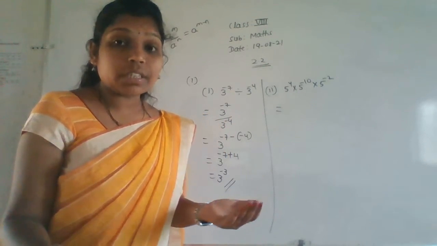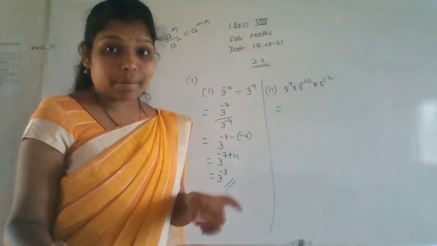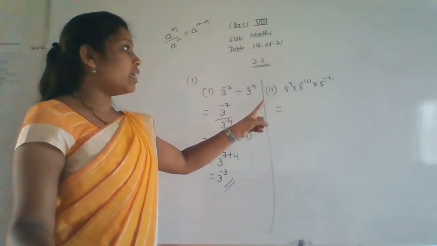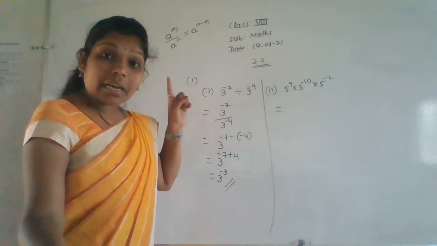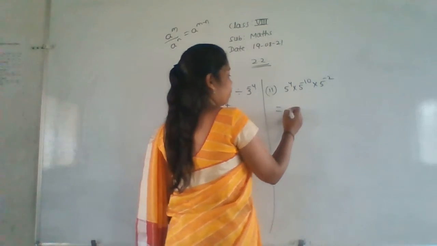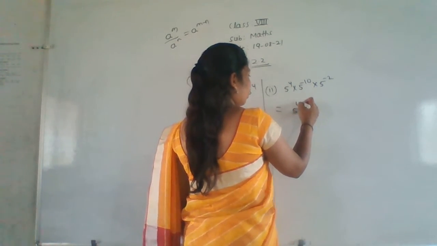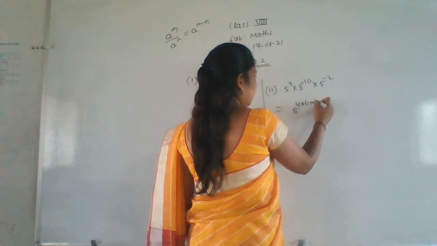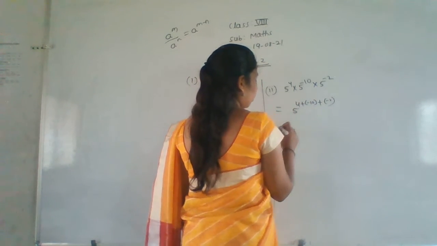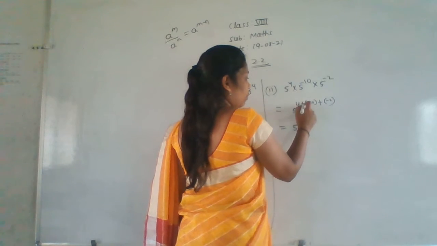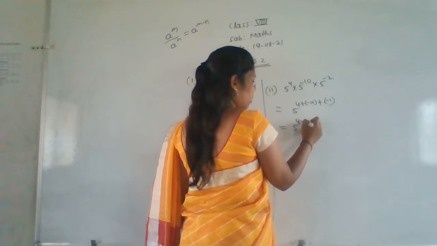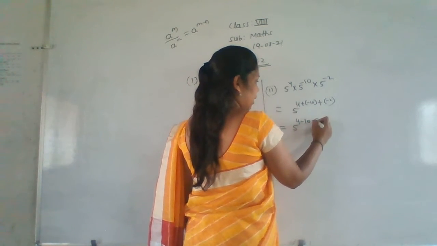If there is a division, we need to subtract the powers. Here multiplication is given, so we need to add the powers: 4 plus of minus 10 plus of minus 2. That is 5 to the power 4 plus into minus minus 10 plus into minus minus 2.